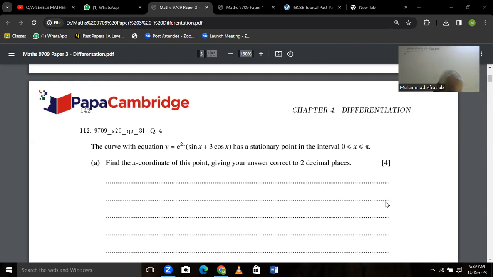So y equal to e power 2x into sine of x plus 3 cos of x. And we're going to find out the stationary point from 0 to pi value.